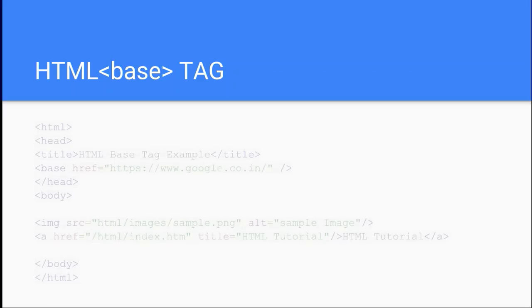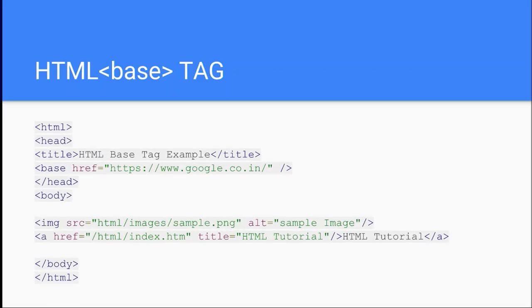For example, here the base URL is google.co.in, and we are giving an image here, HTML image sample.png, and HTML index.html. We can execute the program, but there is no index for google.co.in, so it's not going to work, but still we try.